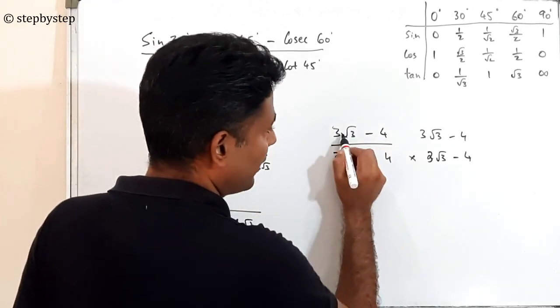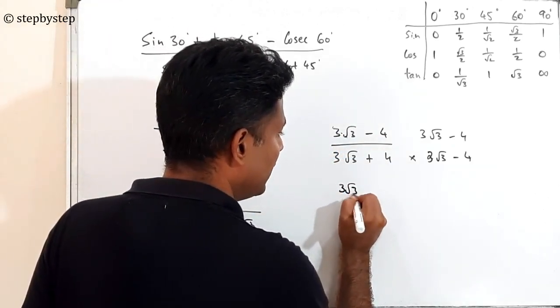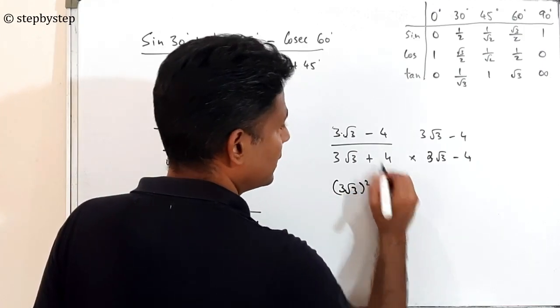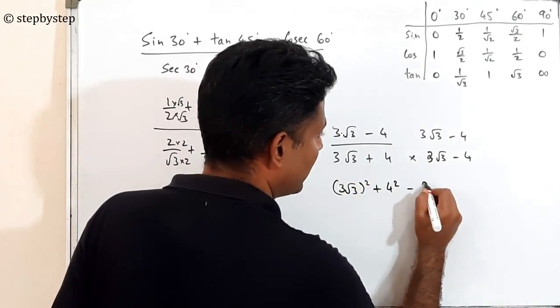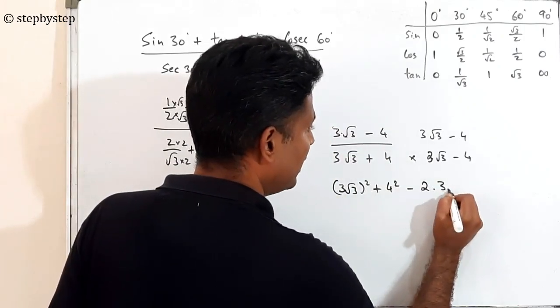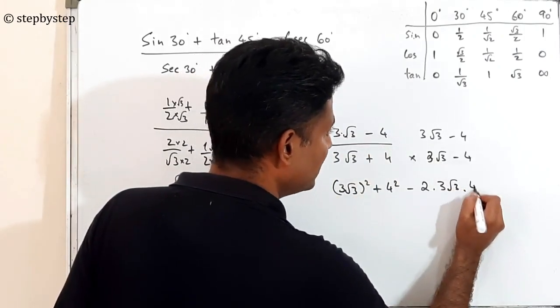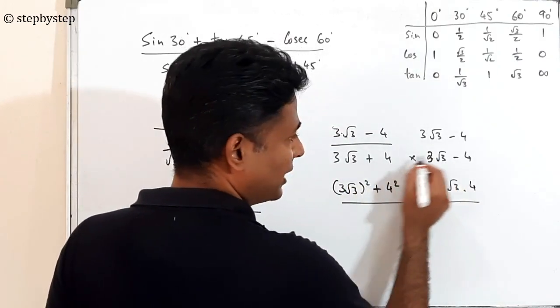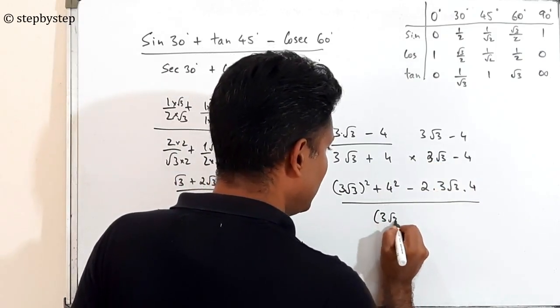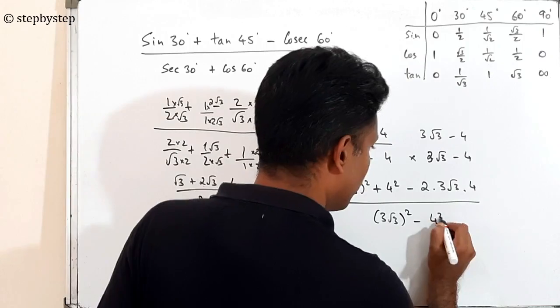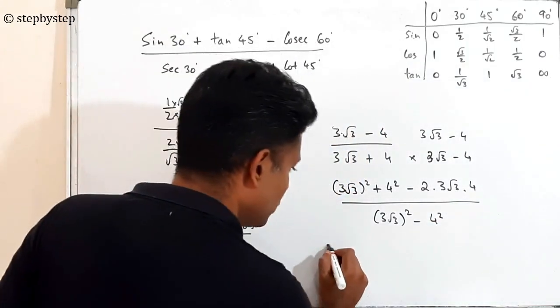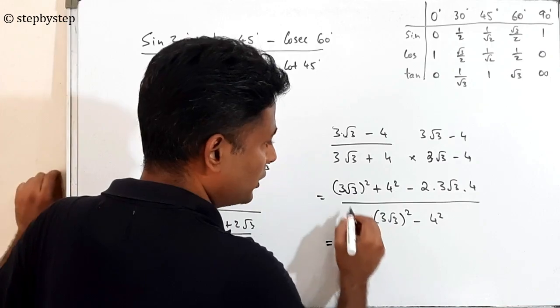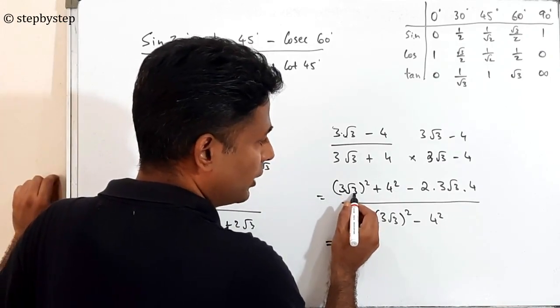So a minus b whole square is a square, that is 3 root 3 whole square plus b square, that is 4 square minus 2 into a, that is 3 root 3 into b, that is 4. Whole by a square minus b square, a plus b into a minus b. So 3 root 3 whole square minus 4 square. So this will become 3 root 3 whole square, 3 3s are 9, root 3 into root 3, 3.